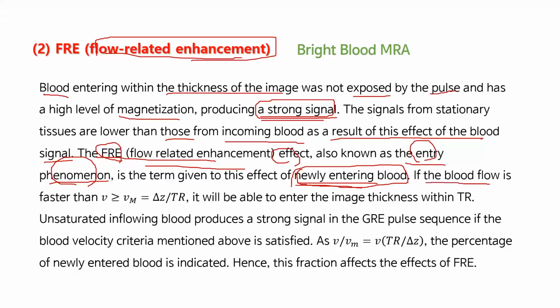If the blood flow is faster than this value, it will be able to enter the image thickness within TR. So if the blood flow velocity is larger than this velocity, then the blood will be able to enter the image thickness within TR.